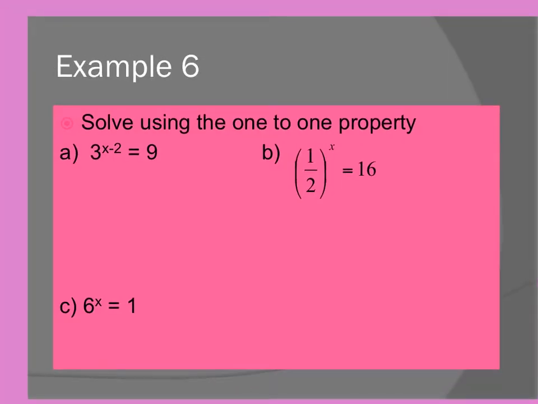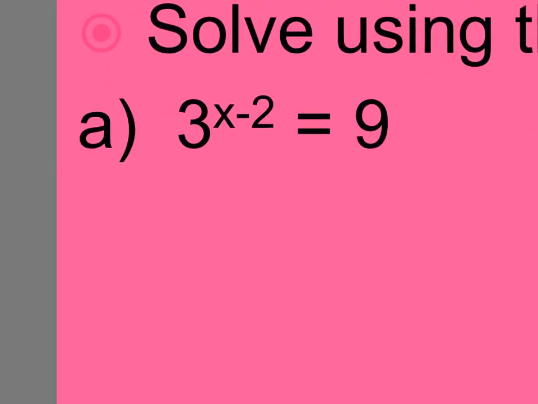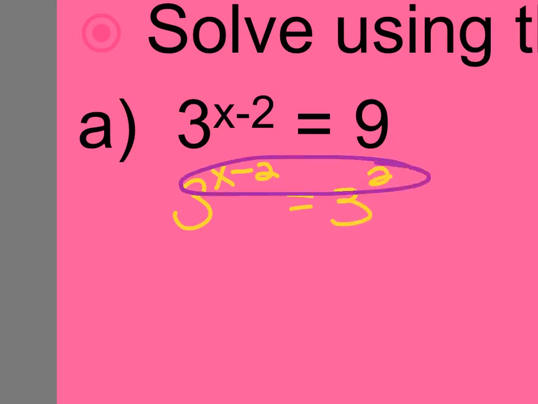So this one says solve using the one-to-one property. So I'm going to look at A. Are the bases the same? No. Is there a way to rewrite them so they are the same? Yes. Do you change the smaller one or the bigger one? The bigger one. So 9 becomes what? 3 to the second. As soon as the bases are the same, I grab the exponents.